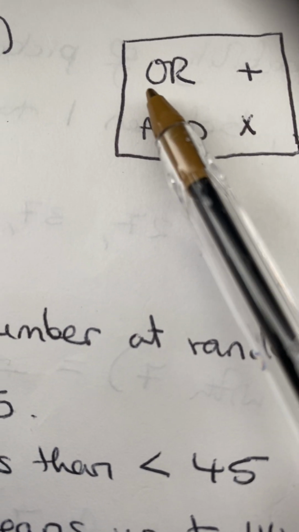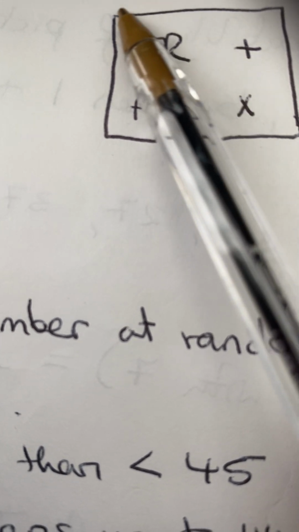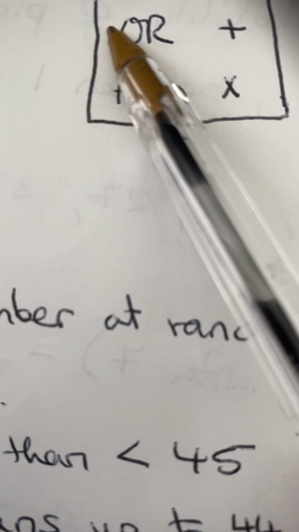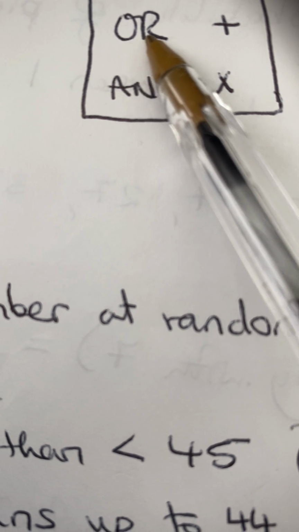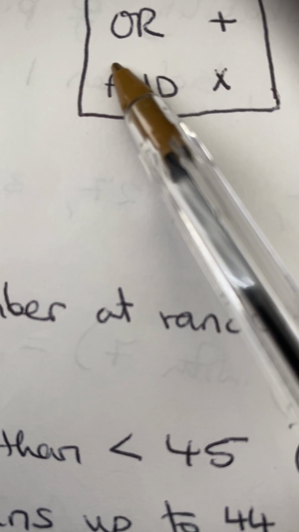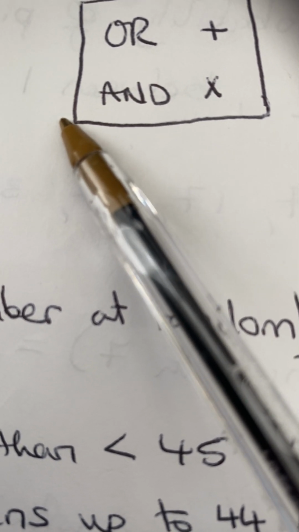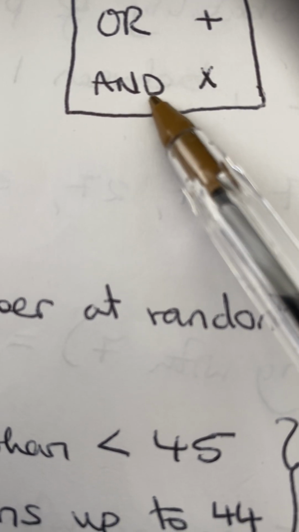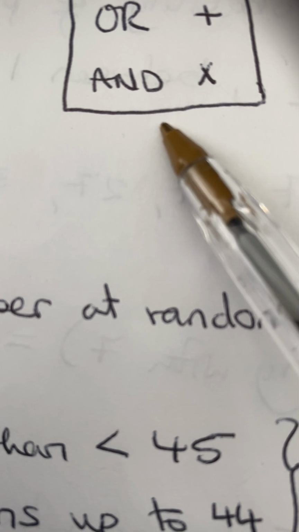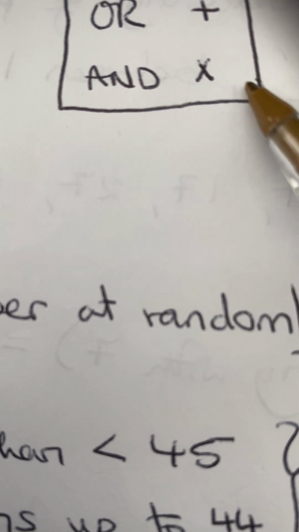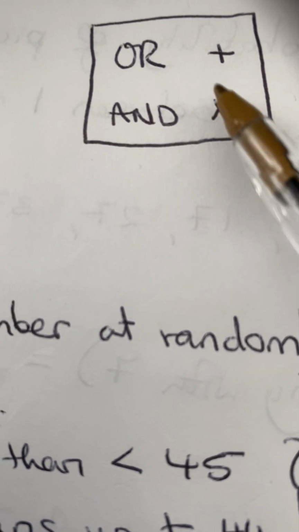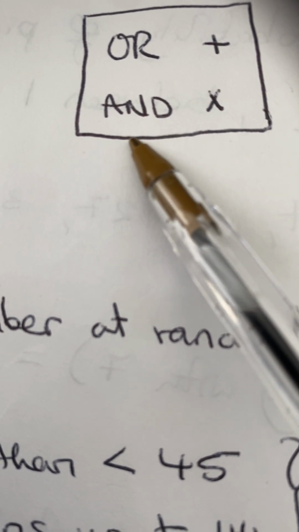But all I need you to know for today is when you see the wording there as or, the probability of this or this, you find both probabilities and then you add them together. But if it says probability of, for example, multiples of 2 and prime numbers between a certain limit of numbers, you find both and then you multiply. Okay, and we know how to add fractions and we know how to multiply fractions.